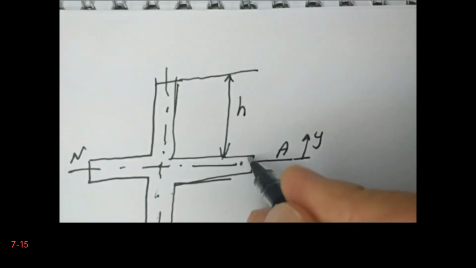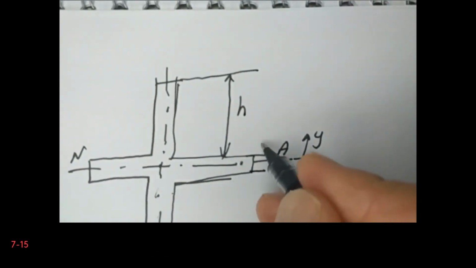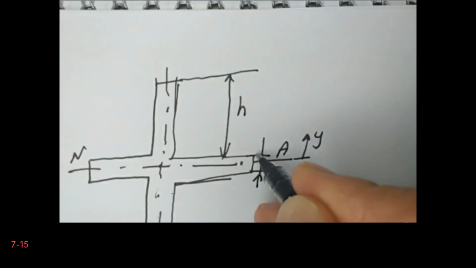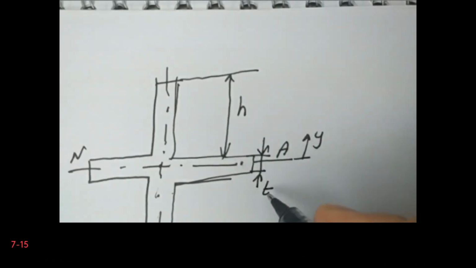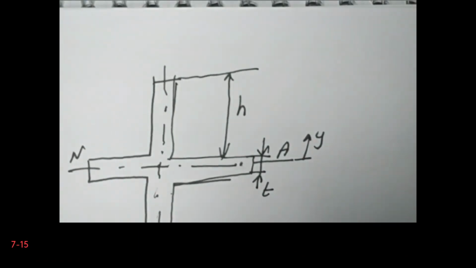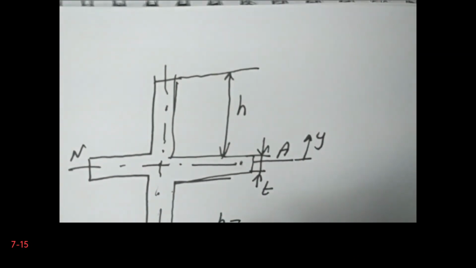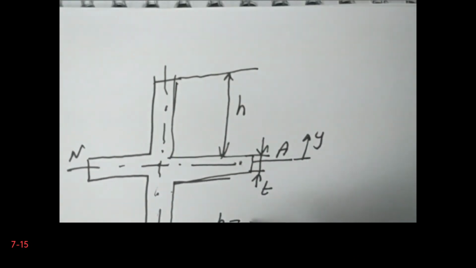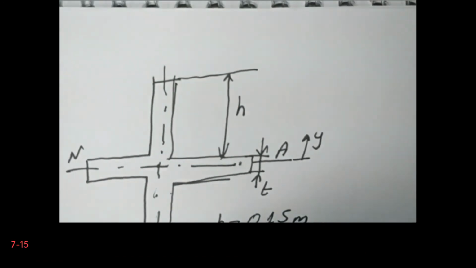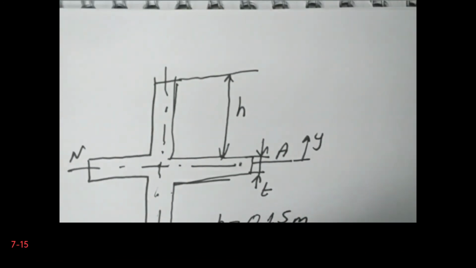So h is equal to 0.15 meters and t is equal to 0.05 meters.